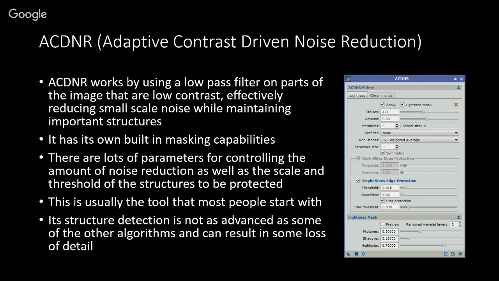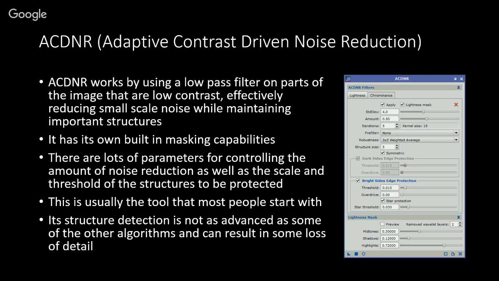ACDNR, that's adaptive contrast-driven noise reduction. This is generally where most people start with noise reduction in PixInsight. I think that's primarily because this was the first major tool that PixInsight introduced for noise reduction. It essentially works by using a low-pass filter, so essentially a blurring filter, on parts of the image that it deems are low contrast.